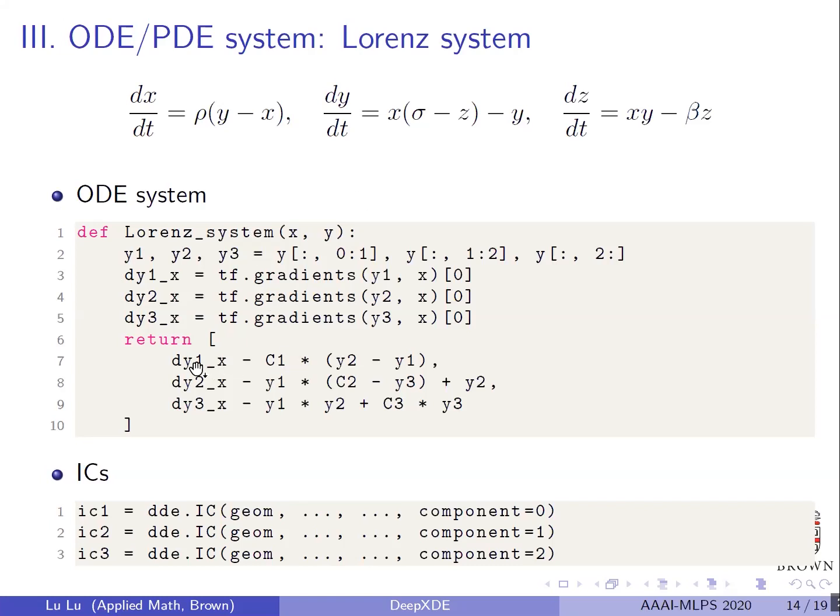So for this system, we need 3 components, each component corresponding to one equation of the Lorenz system. So we have 3 residuals returned by this function. And similarly, we need to define 3 initial conditions, one for each component. Yeah, that's it for this ODE system.